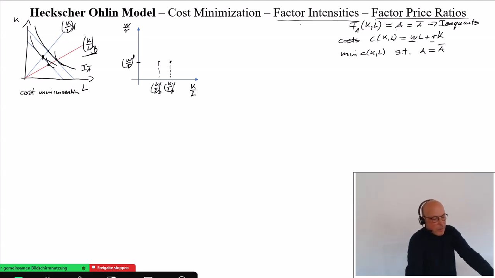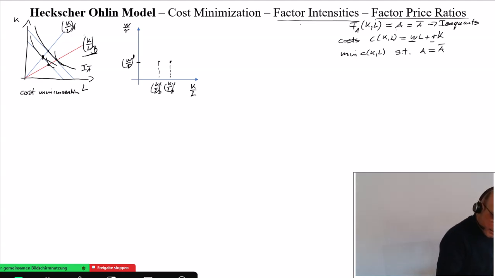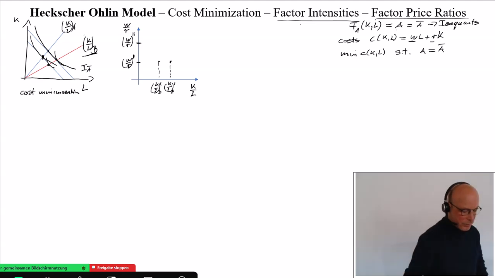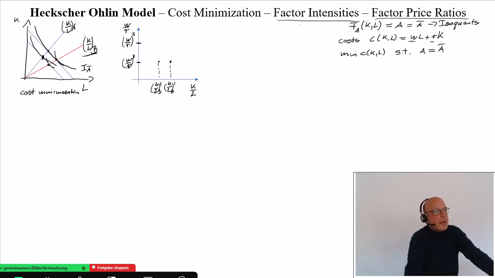And then we can ask ourselves, when we are raising wages, W over R double prime. Well, sometimes it's easier.